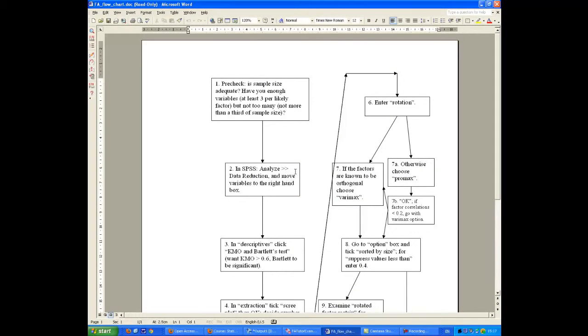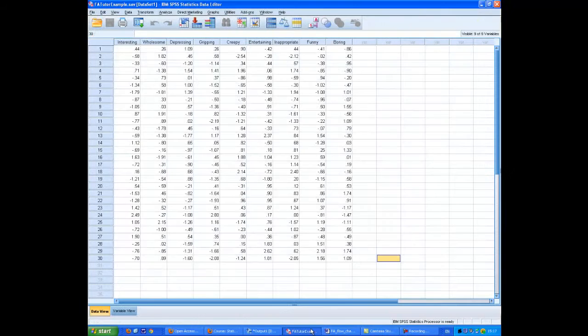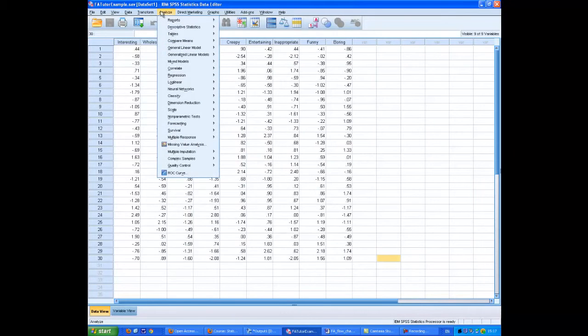Right, now in SPSS we go to Analyze, and I've said data reduction. Well, in the very latest version of SPSS they call this dimension reduction. In previous versions it is data reduction, but it's all under the Analyze menu. In any case, it's pretty clear what to do.